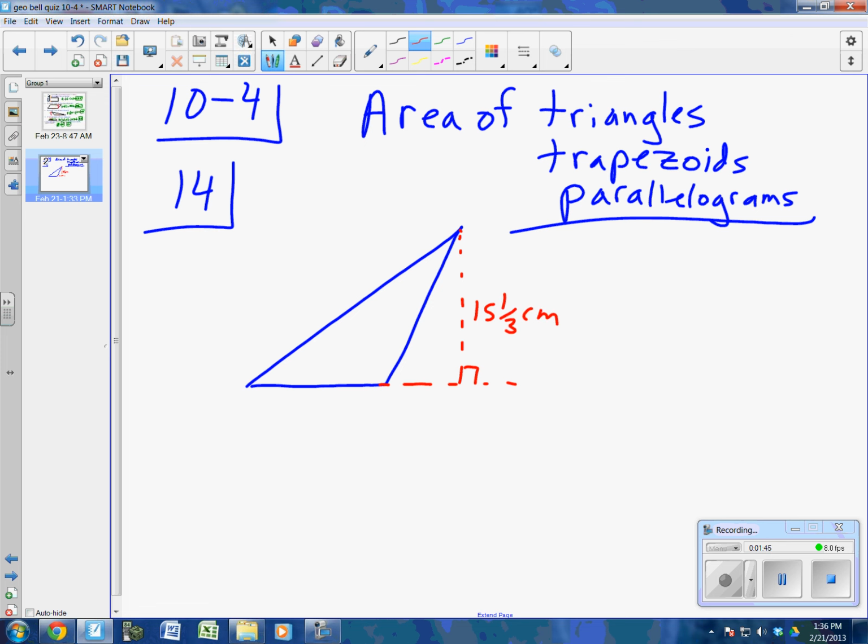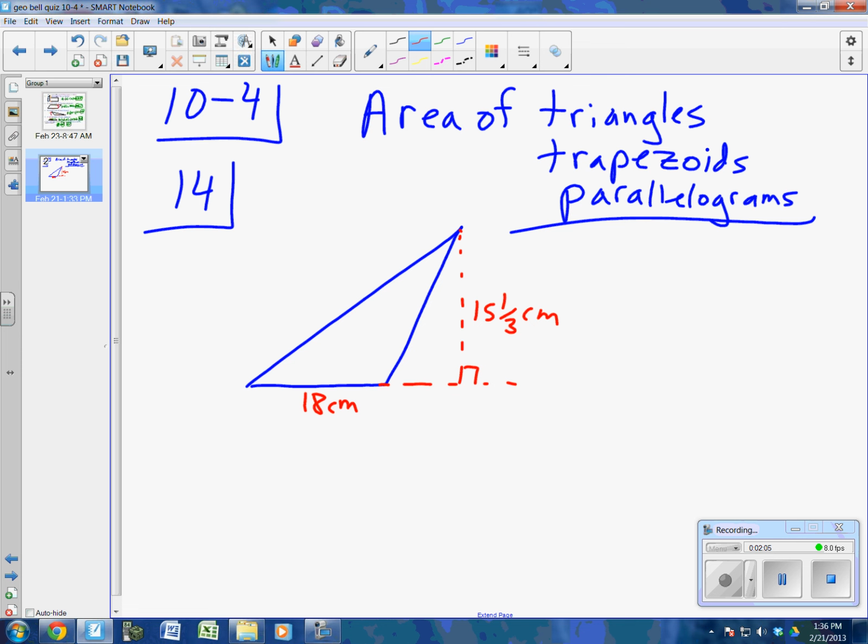We're also given that the base, my eyes are getting bad. Does that say 18 centimeters? Yeah. I can tell that's not a 2. Okay, so we get that. And we have to find the area of this triangle.